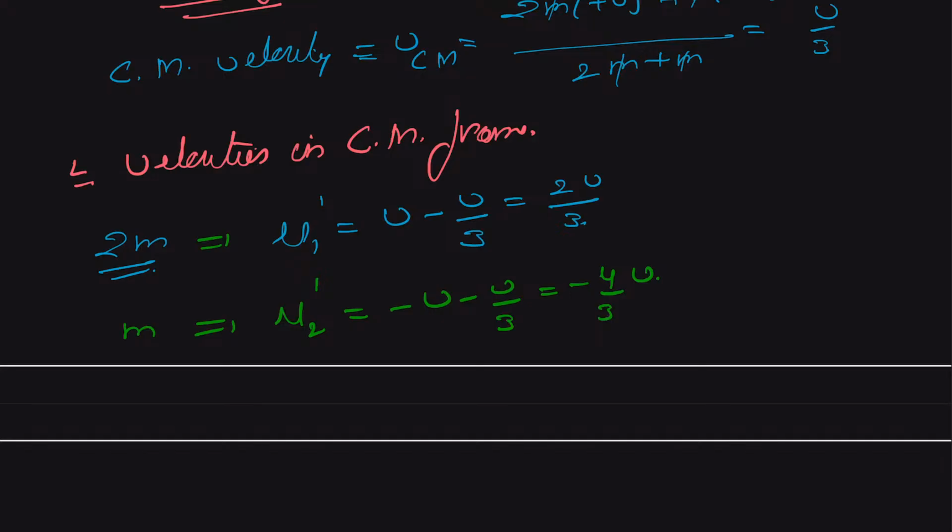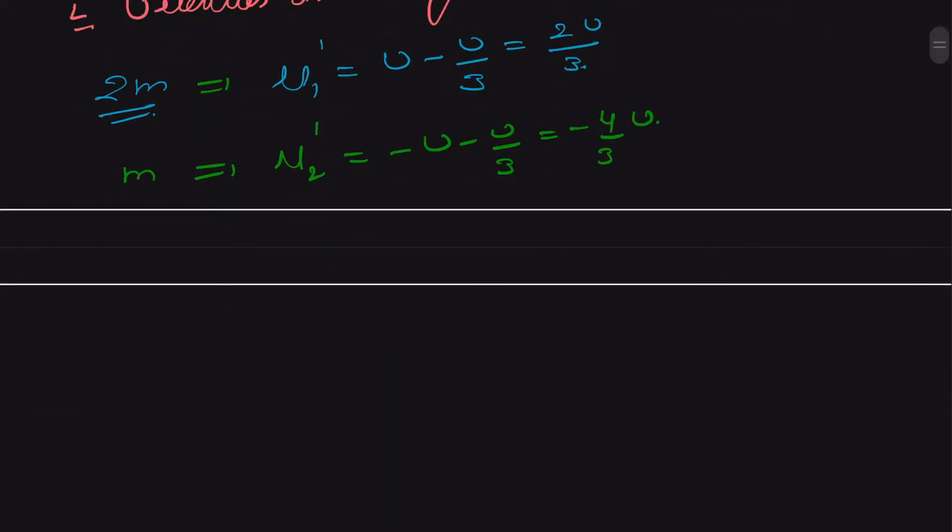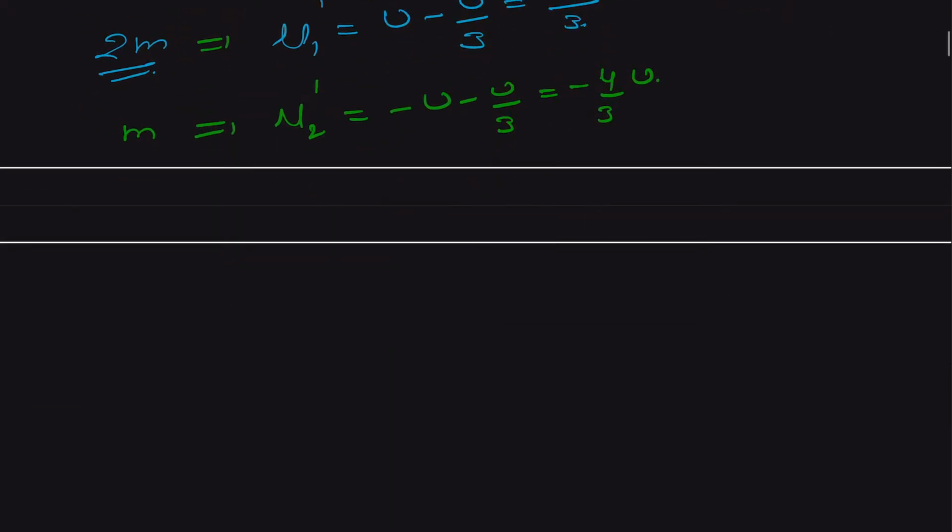So we found out the respective velocities of mass 2m as well as m in the center of mass frame. And the collision is said to be elastic. So we are given that we are having elastic collision.